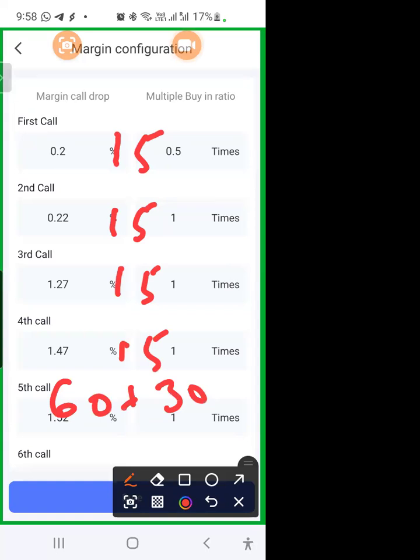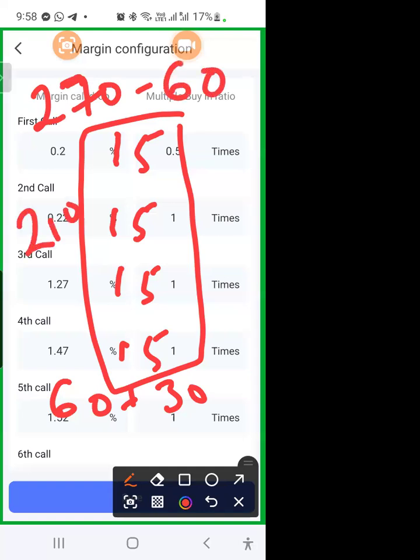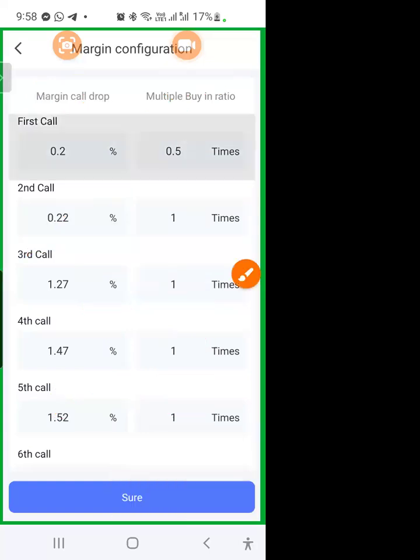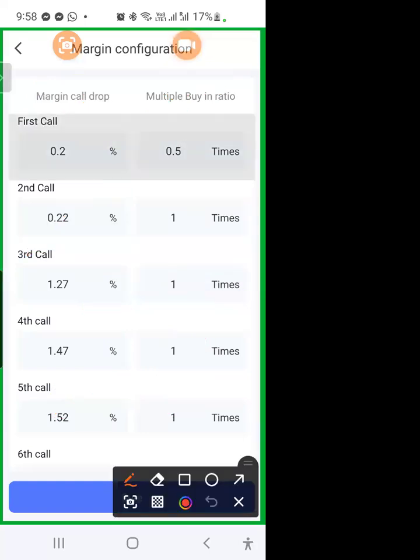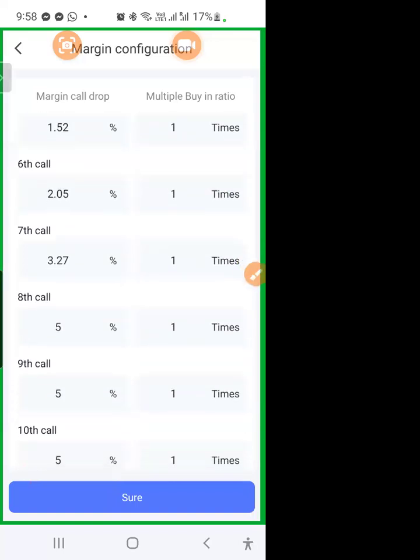But don't forget, this 60 has to be subtracted from 270. Therefore, subtract 60 to remain with 210. In this case, 210 should be the one distributed to match these remaining margin calls. We say they are how many? They are 13.